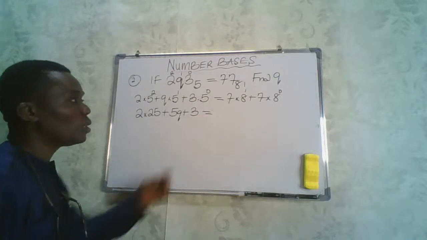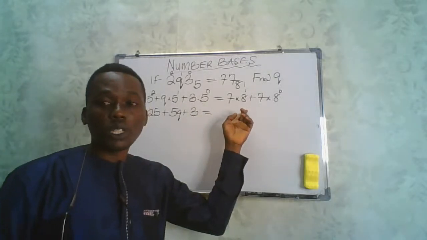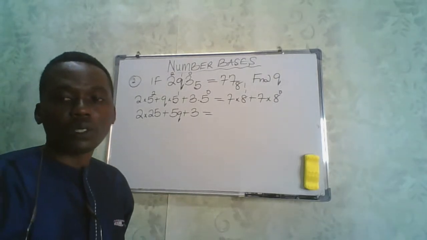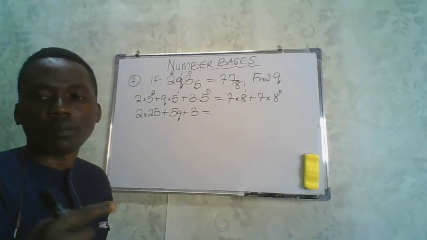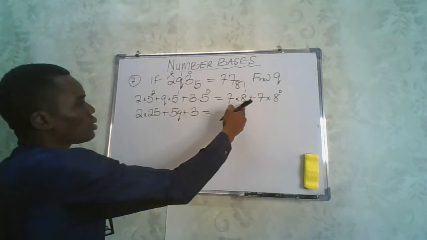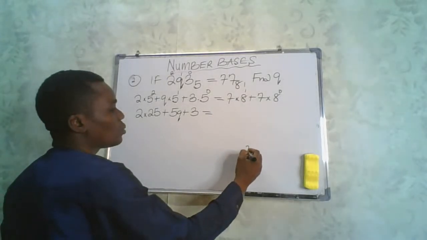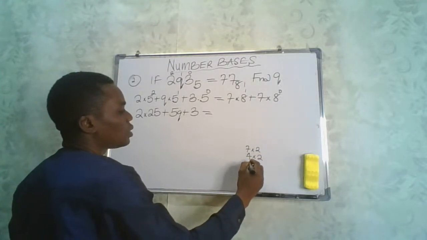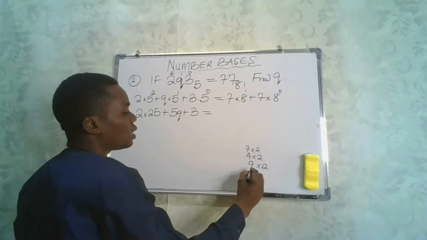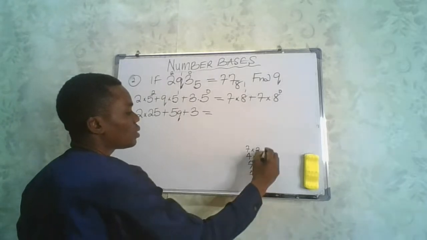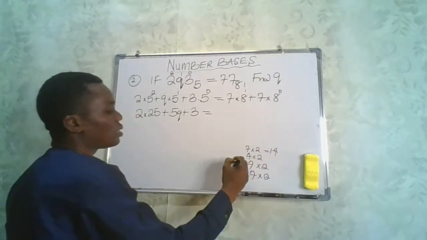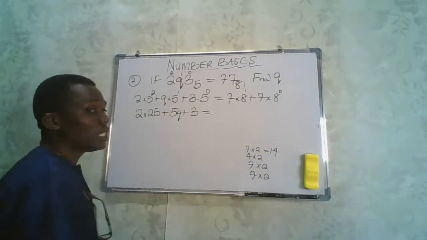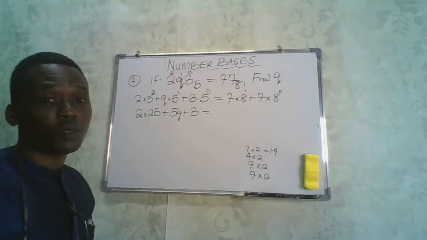And this is equal to 7 times 8. What is 7 times 8? 7 times 2 will give us 14, 7 times 2 will give us another 14, which is 28. 28 plus 28 is going to give us 56.